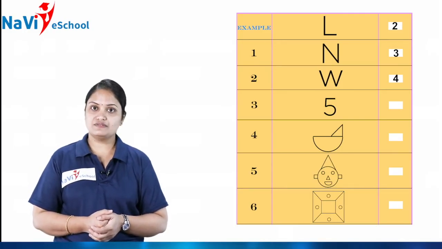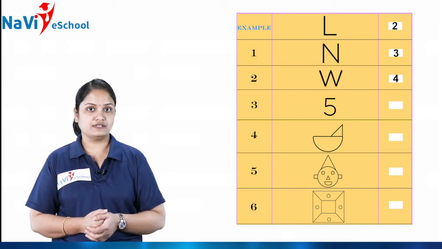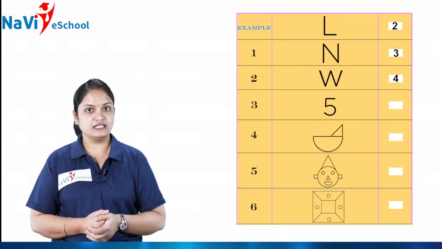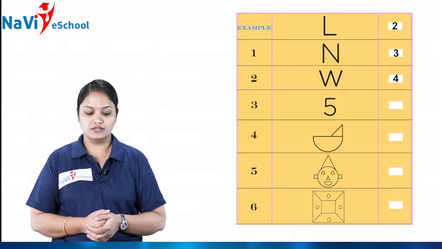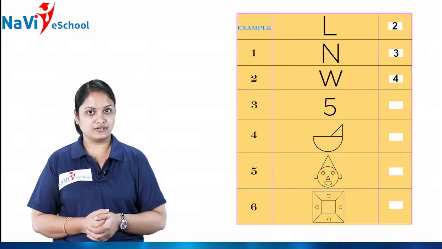And next we'll go to the numbers, and here we have taken the number 5. In this 5, how many straight lines are there, children? 1, 2. And what about the other one? Is it a straight line? It looks like a C, a reverse C, you can say.